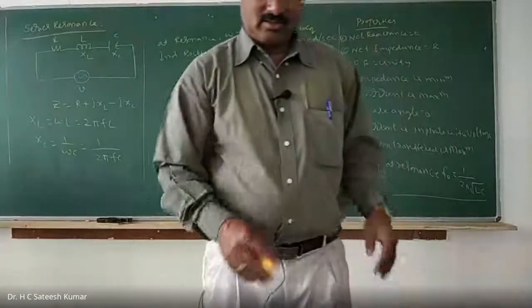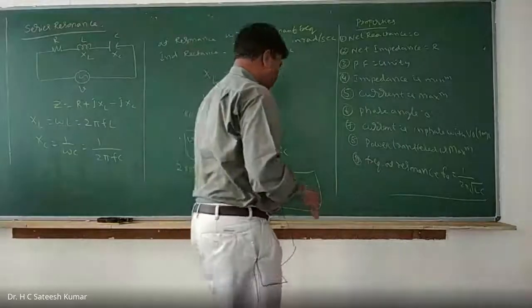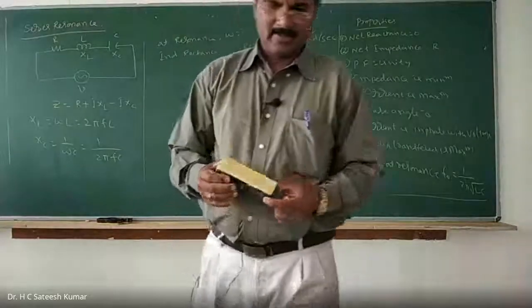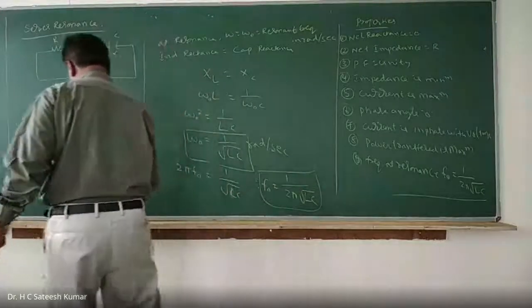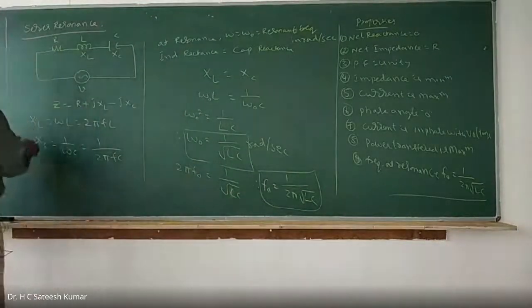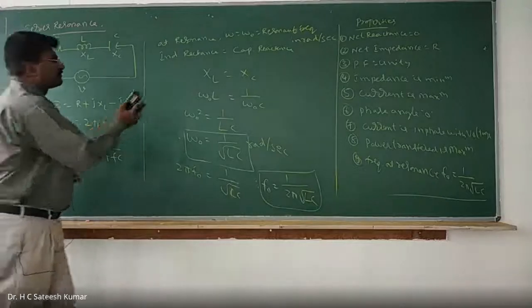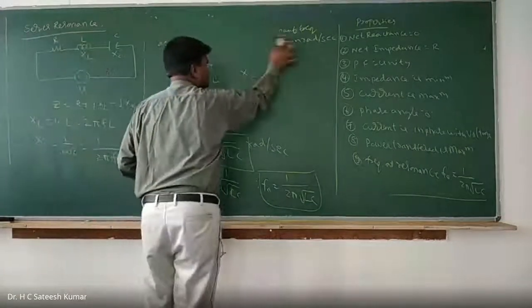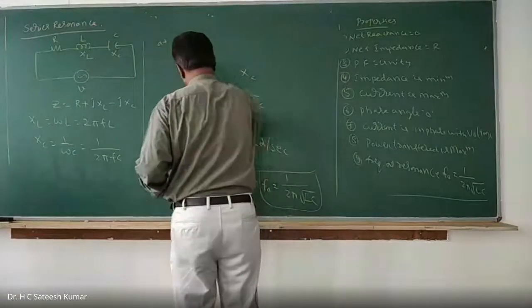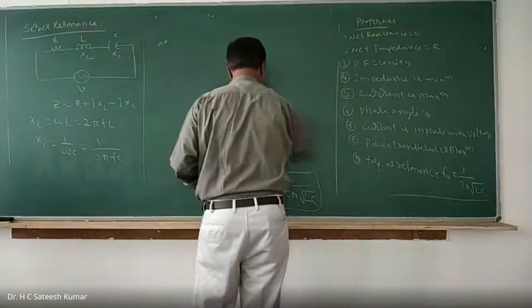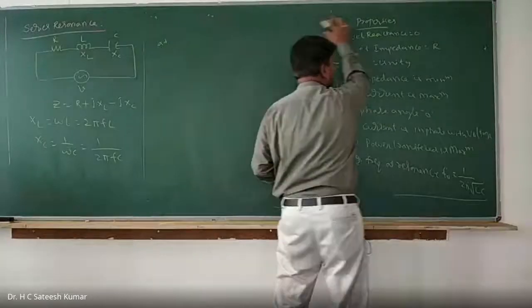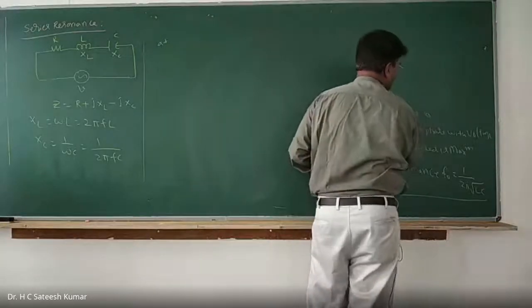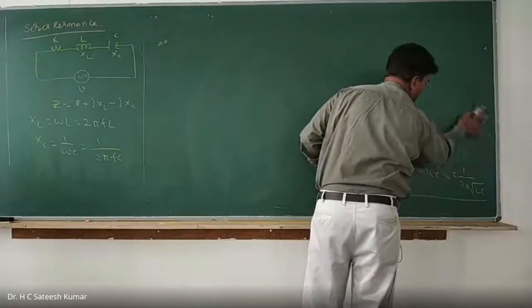Now let us go for the variation of the current with frequency. Let us consider this circuit. In the examination, they will ask you to list out the properties of series resonance, parallel resonance, something like that.